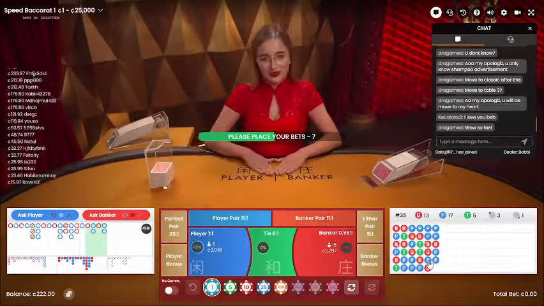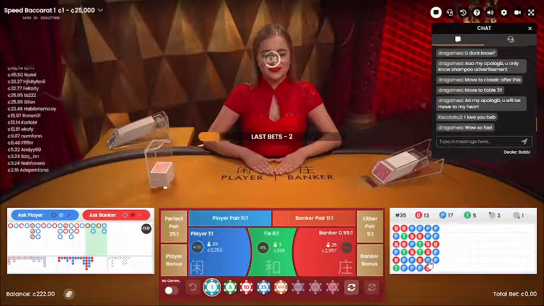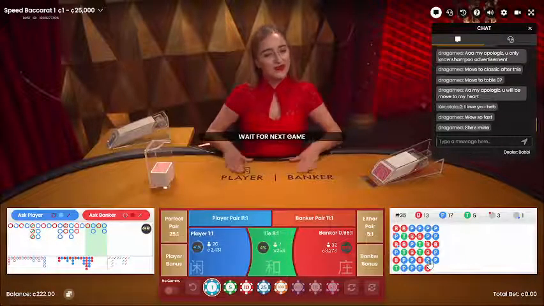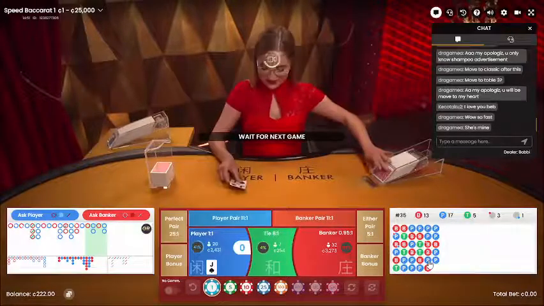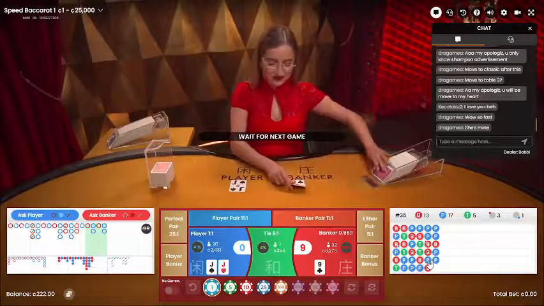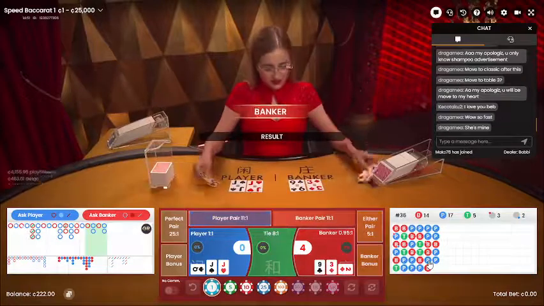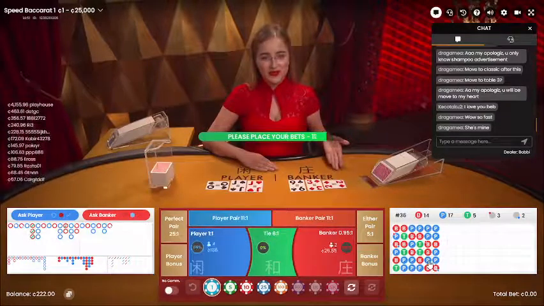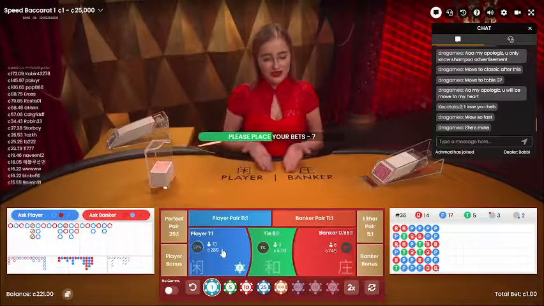So for now, I'm writing our bet pattern down. Our last bet for this particular new column will be banker. So we start with player.